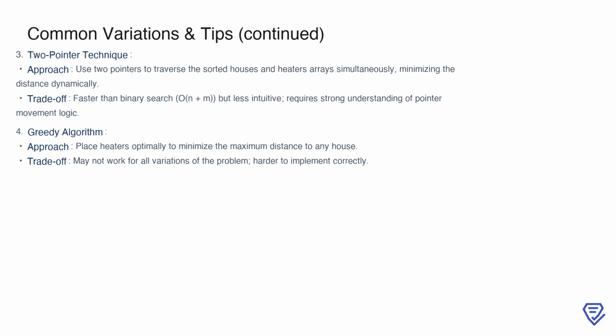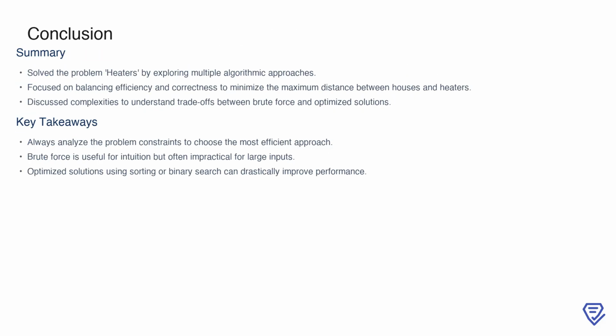Finally, there's the greedy algorithm, where you aim to place heaters optimally to minimize the maximum distance to any house. While this strategy can be effective for certain variations of the problem, it may not work universally and can be more challenging to implement correctly. Each of these approaches has its own trade-offs, so it's important to choose the most appropriate one based on the problem's constraints and requirements.